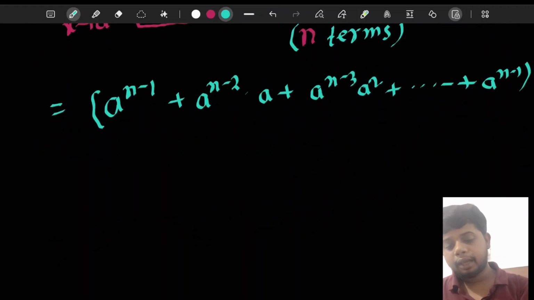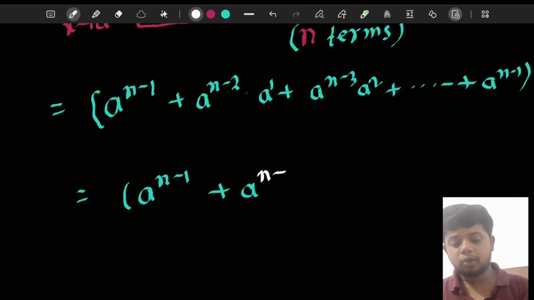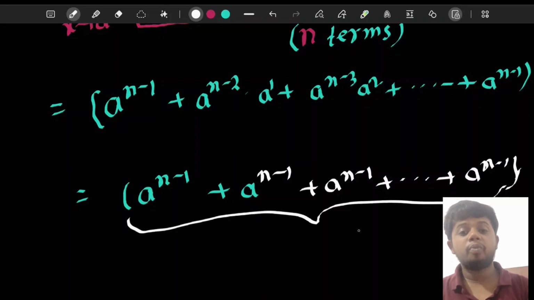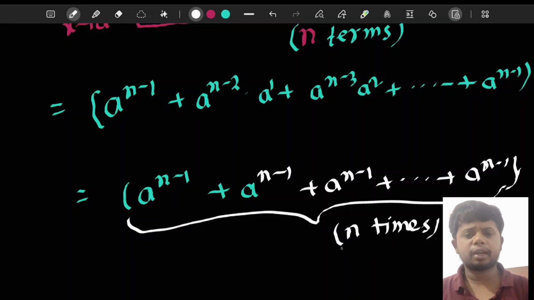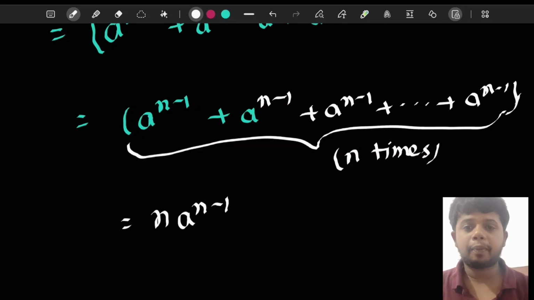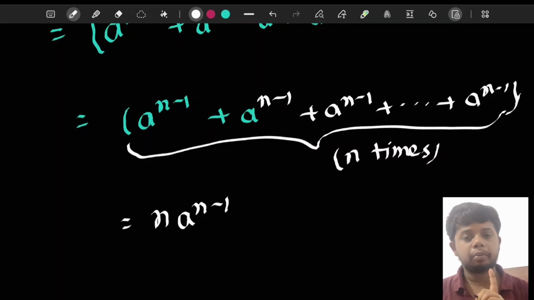So ultimately I'm getting a power n minus 1 plus a power n minus 1 plus a power n minus 1 plus dot a power n minus 1. How many times? n times. Yes, you are correct. So that means we get n a power n minus 1. This is so important. You have to remember that.